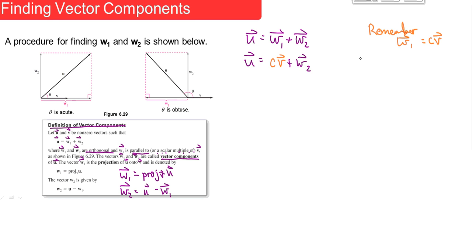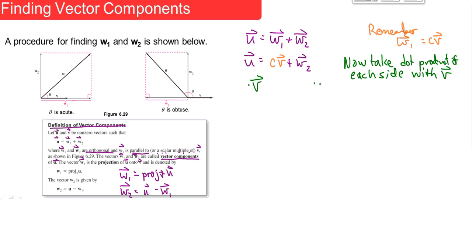So now we're going to take the dot product of each side with V. This side dot V, and this side dot V. And so we'll write this in parentheses now.